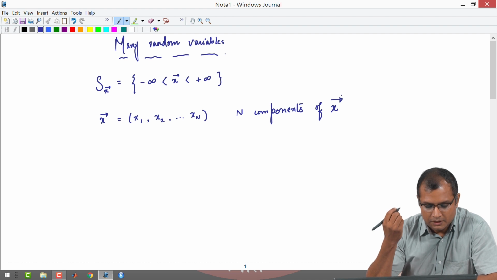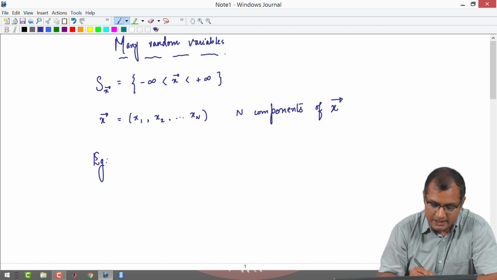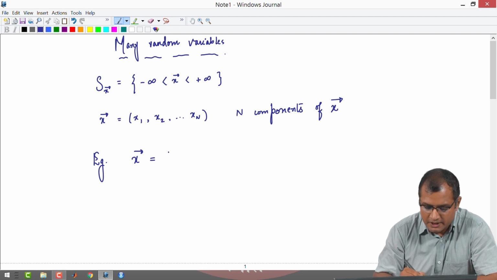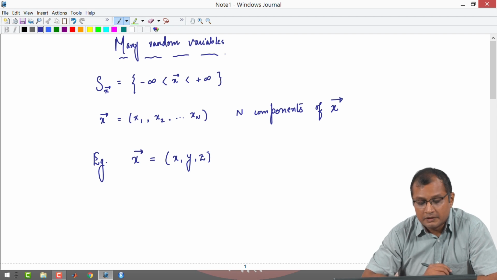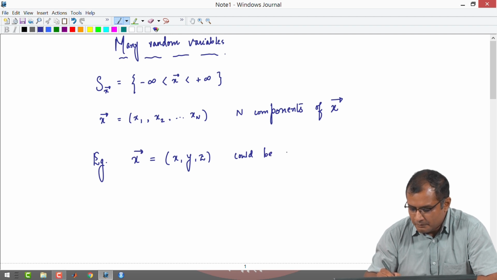Okay. Now this is relevant. For example, if you take x to be the position of a gas particle in this room, then it is nothing but the x, y, z components of the position of the gas particle.